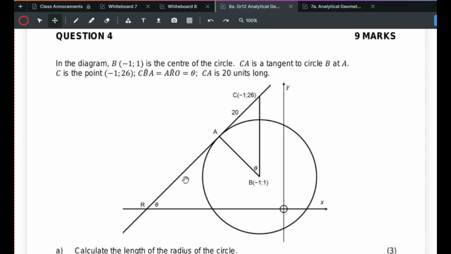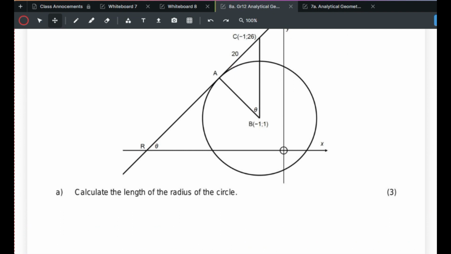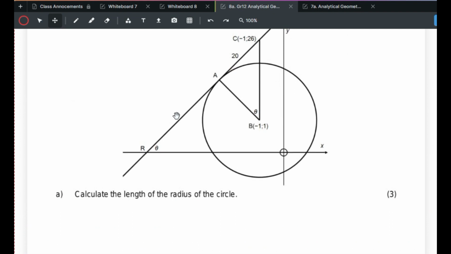So we have B (-1, 1), C (-1, 26), theta here and theta there, so they are equal. We also have this here being 20. They ask you to calculate the length of the radius of the circle, so literally they want BA, right?